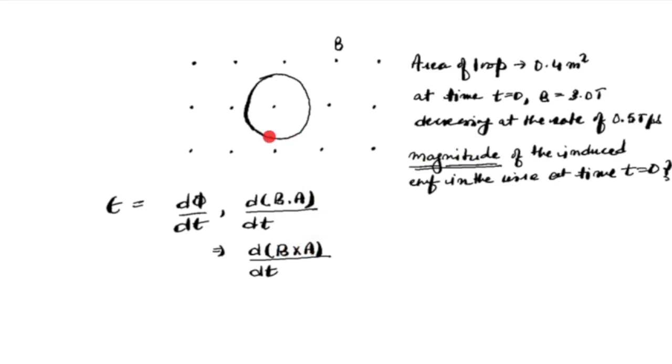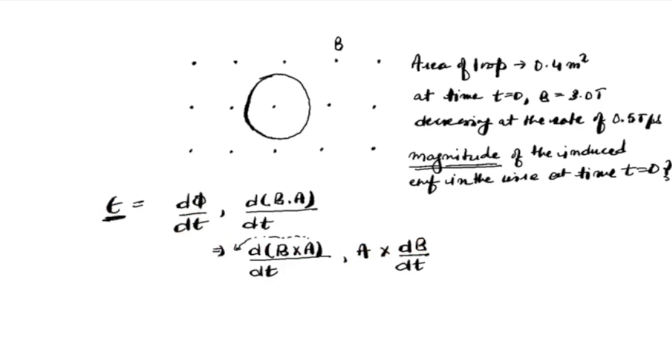We are not changing this loop's area, right? So we can take this A out of the change. So we can say area multiplied by dB divided by dt. If that is known to us, we can multiply it with the area and we should get the EMF, right?